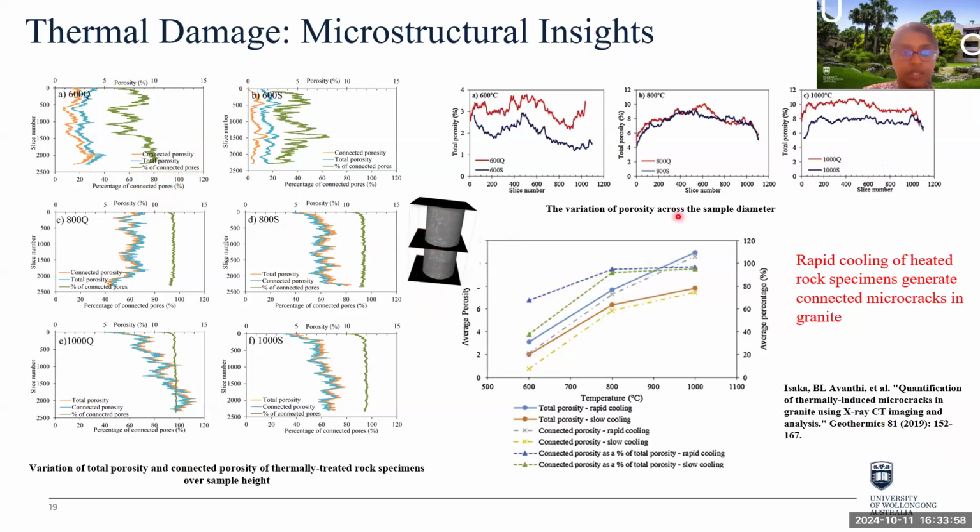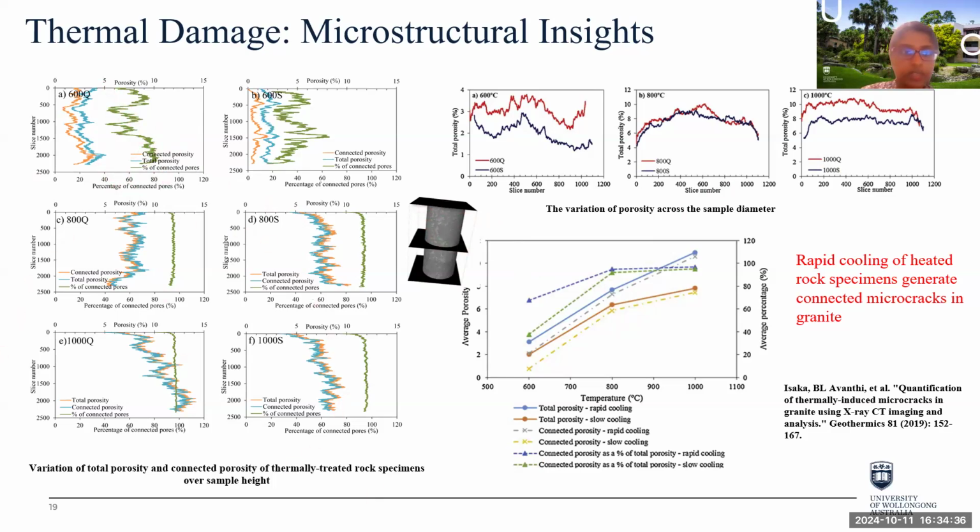And these are the plots showing total and connected porosity over the diameter of the specimens at different heating and cooling conditions. We observed heterogeneity in the porosity distribution, as you can see here, especially below 600 degrees. And we quantified this effect using a heterogeneity coefficient as well. And one thing we observed is a significant reduction in heterogeneity in microcracking with the increased temperature beyond 600 degrees.